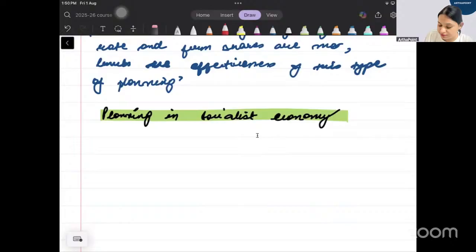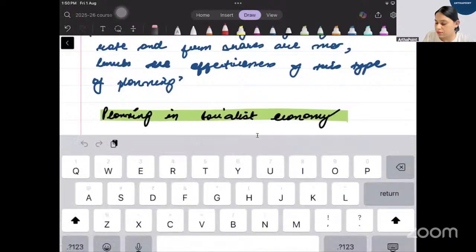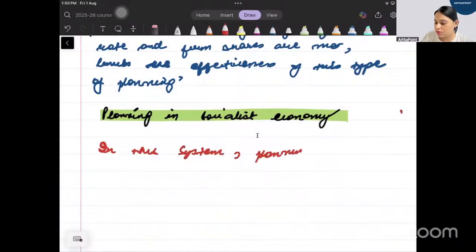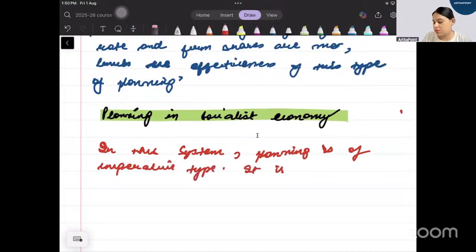So in the system, planning is of imperative type. It is totalitarian in nature, right?